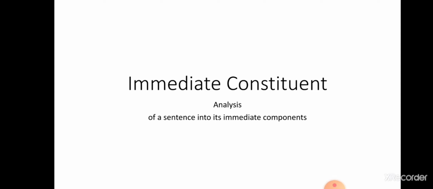It means the analysis of a sentence into its immediate components. We can break the sentence into its immediate parts, which means the sentence's morphemes, and we continue the segmentation until the last meaningful unit, the morpheme, is reached.